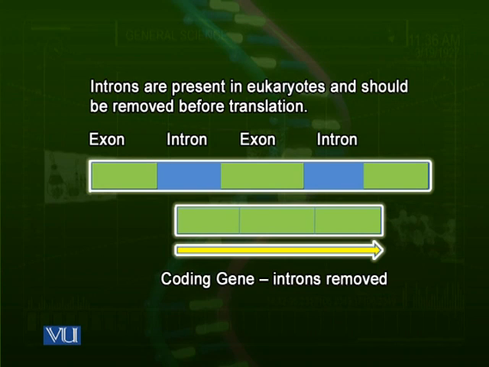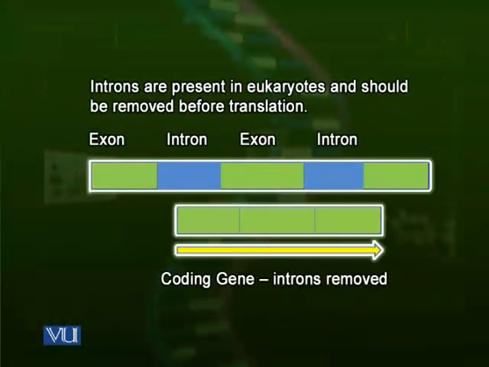Before messenger RNA is translated into proteins, these introns have to be removed. So there is another difference between prokaryotic and eukaryotic translation: before translation, messenger RNA is spliced. We call it RNA splicing, the breaking down and removal of these introns from the messenger RNA molecule. Down there we have a coded gene and a coded messenger RNA molecule in which the introns are removed by different types of molecular processes.